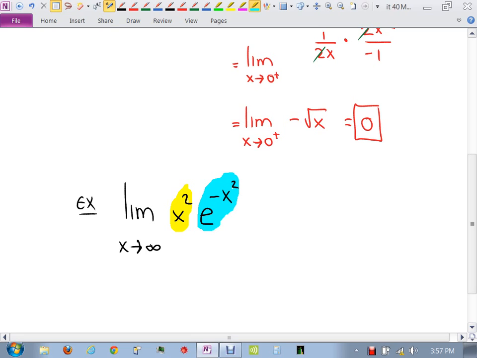You gotta be a little careful with that one. Think about this. Isn't this the same as 1 over e to the x squared? Remember, negative exponent means drop it down, doesn't it? So e to the negative x squared really means 1 over e to the x squared. That one is fixed over infinity, isn't it? You get e to the infinity squared. So that actually goes to 0. This goes to 0, and this one goes to infinity.